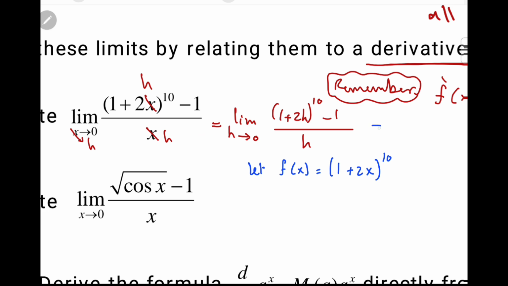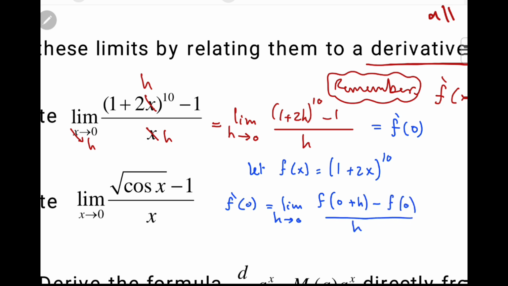So this will be the derivative of the function f at 0. So you would notice that f prime of 0 is equal to the limit as h approaches 0, f of 0 plus h minus f of 0 divided by h.